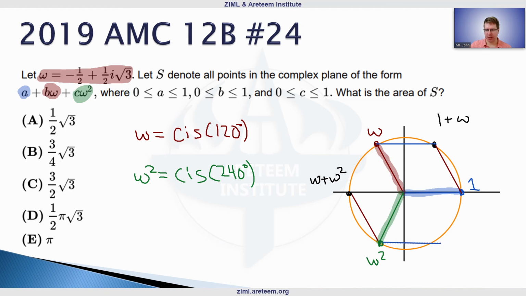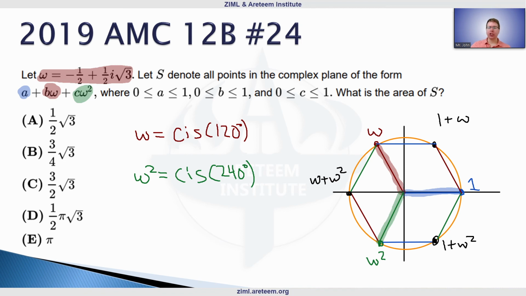So our final point here, drawing isn't perfect, so let me fudge this a little bit, would be our point 1 plus omega squared. So of course, if we add in these other lines for omega squared, we're getting this hexagon shape at the end.